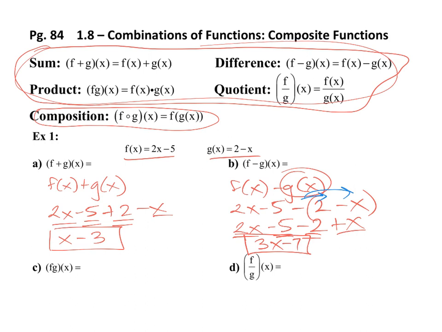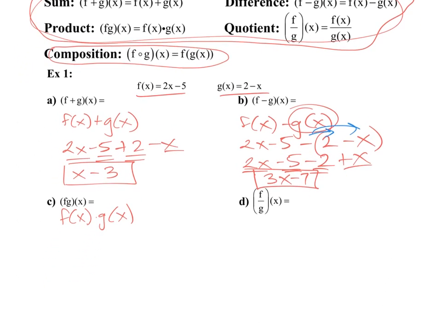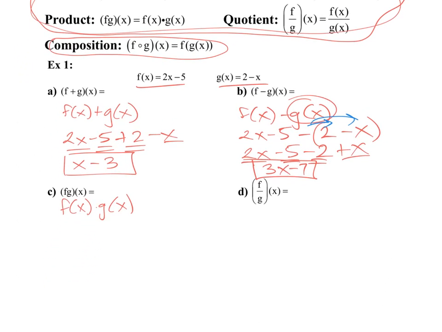Going on to fg of x, or f times g of x. We have f of x times g of x. Let's move this down a little bit. So we have 2x minus 5 times 2 minus x.